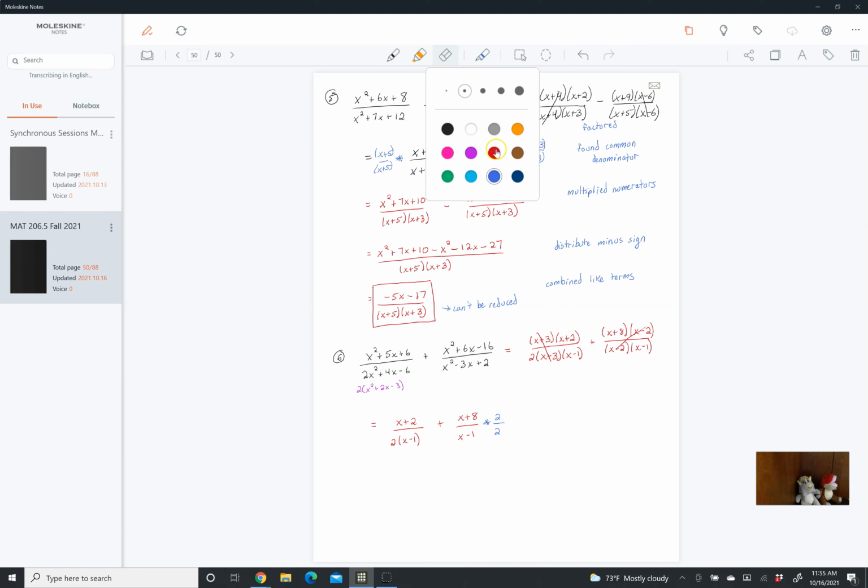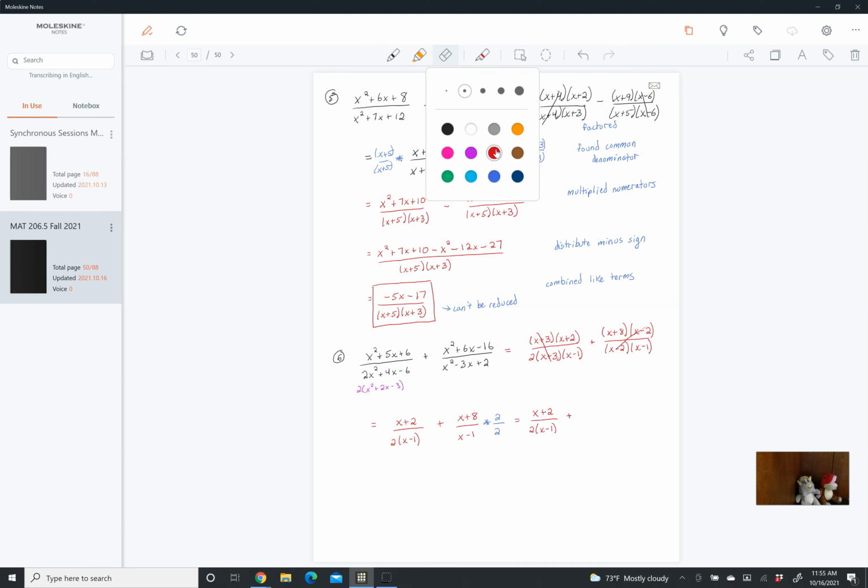What does that mean? It means we have these two fractions. The first one doesn't change. It's just x plus 2 over 2 times x minus 1.